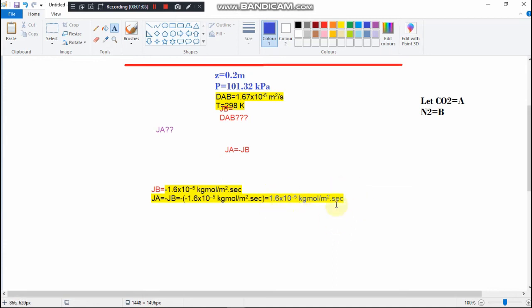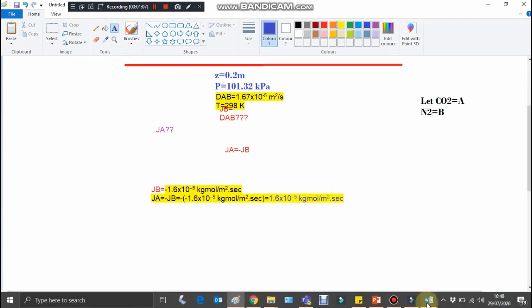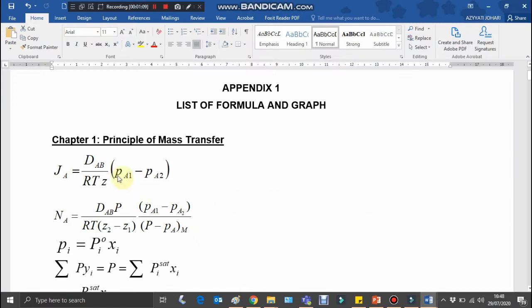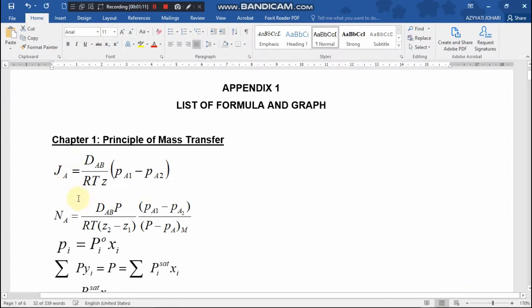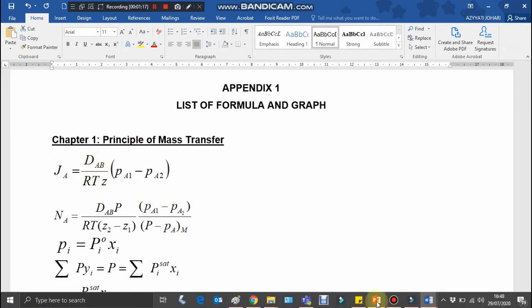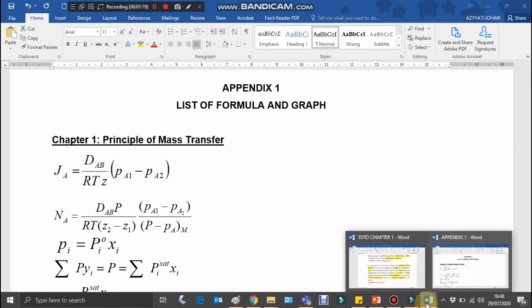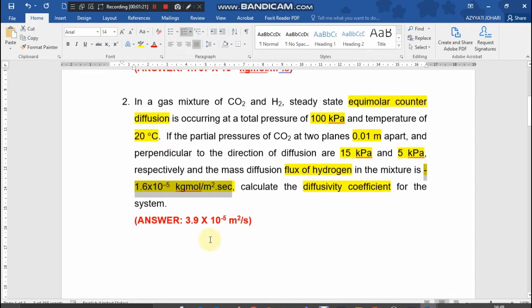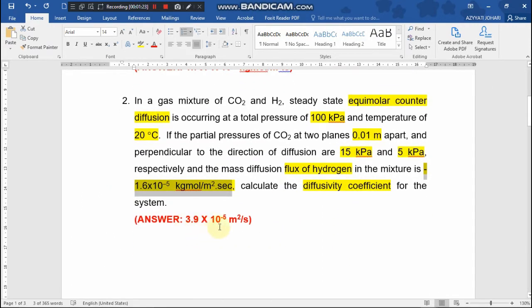After you get this value of JA, you substitute it into the equation that you already rearranged before, and finally you will get the value of DAB. The value of DAB that you will get is 3.9 multiplied with 10 to the power of minus 5 m2 per s.